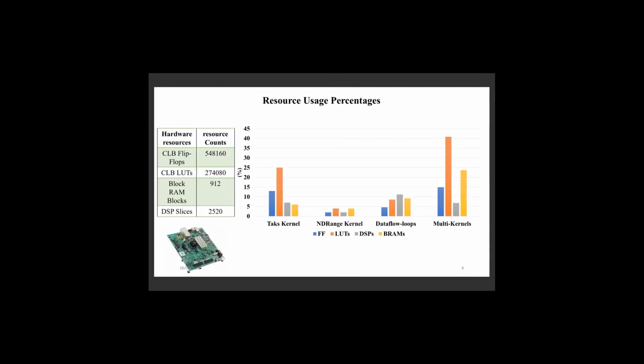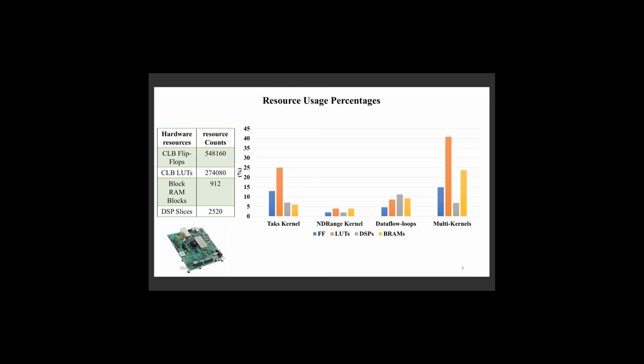If we look at the resource usage figures, on the left we have the resource count of the FPGA we're targeting. The bar graph shows that the NDRange kernel mapping option's resource usage was the most efficient one.